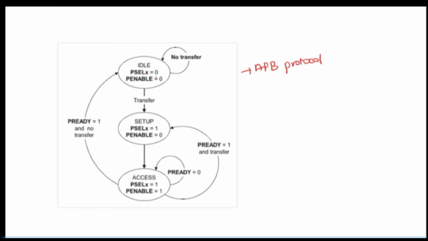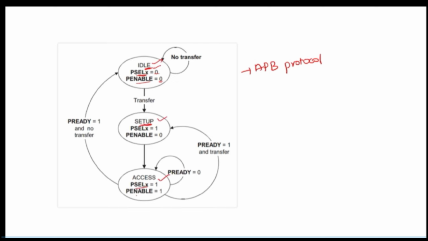In this way the conditions will be, see, presently in the protocol the transfer is in the idle state, and only when the select is 0 and enable is 0 will the transfer take place. Then it goes to the next state, called the setup state. So it has three states: idle, setup, and access.